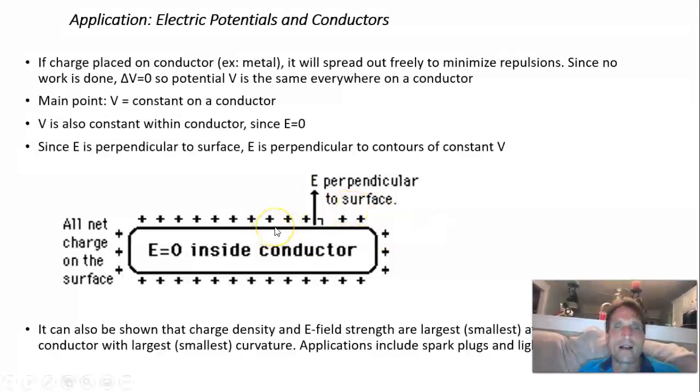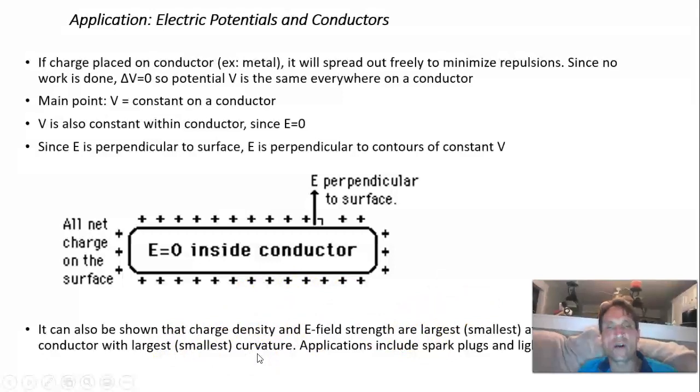So with any metal, in summary, the potential is constant along any surface because the charges will spread out to minimize the repulsion. It can also be shown, though we're not going to get into it, that the electric field strength and the charge density are largest at the points of a conductor with the sharpest curvature.